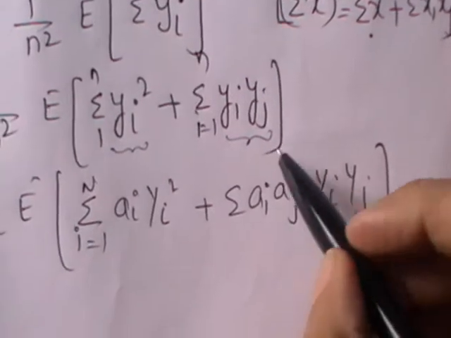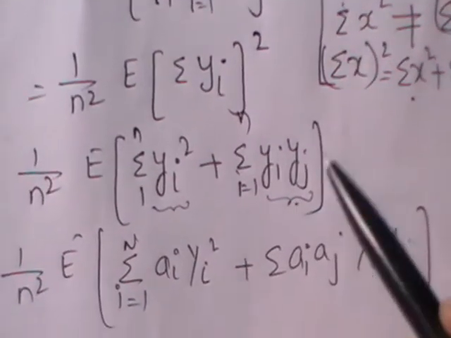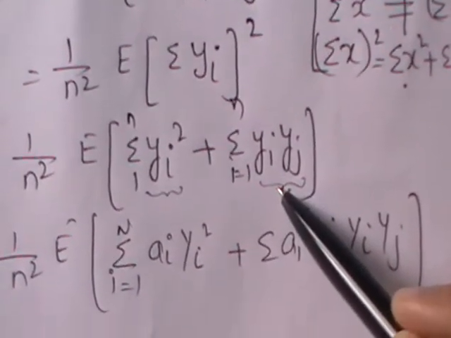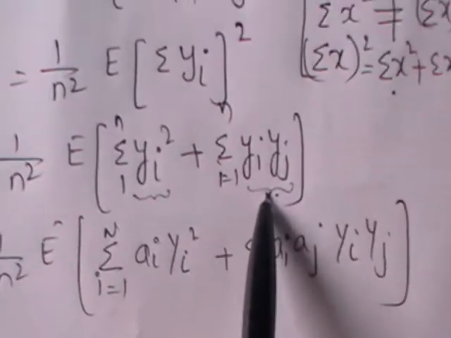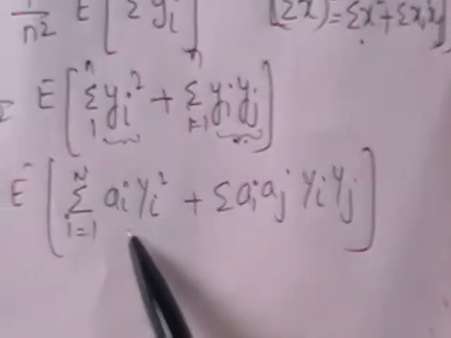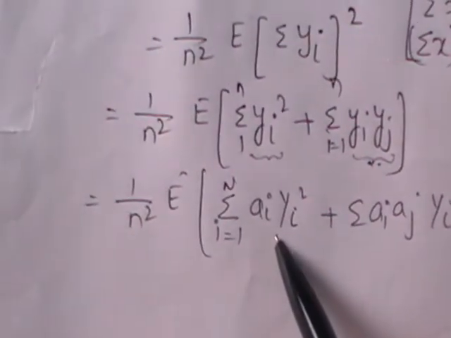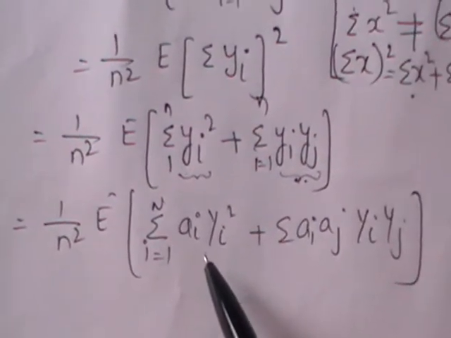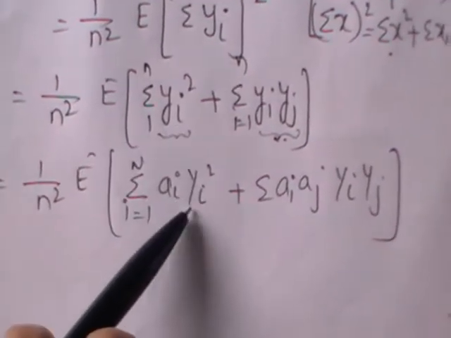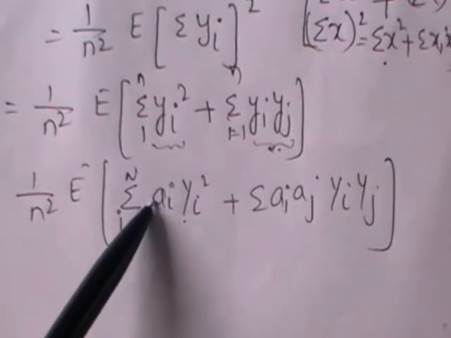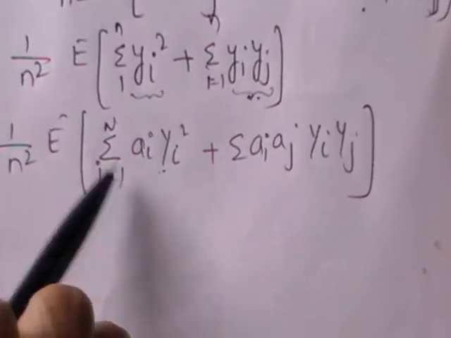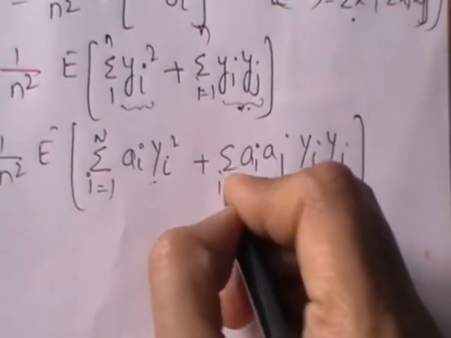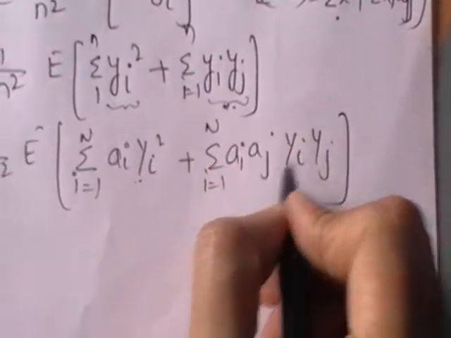Whether it is theorem 1, theorem 2 or theorem 3, before taking expectations on small letters, convert them into capital letters using the notation we discussed at the beginning of SRSWOR. The small sum from 1 to n becomes capital sum i equal to 1 to N of ai yi.